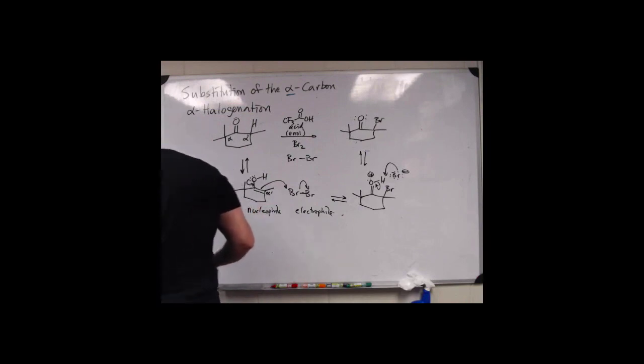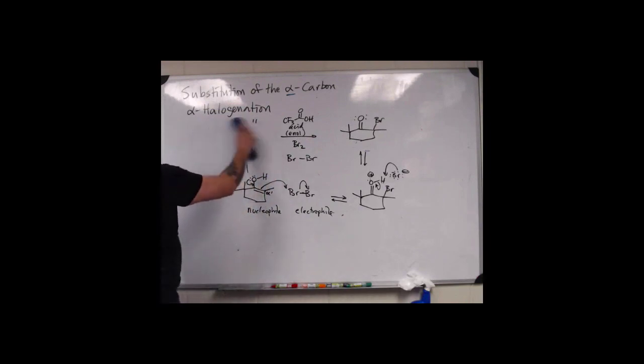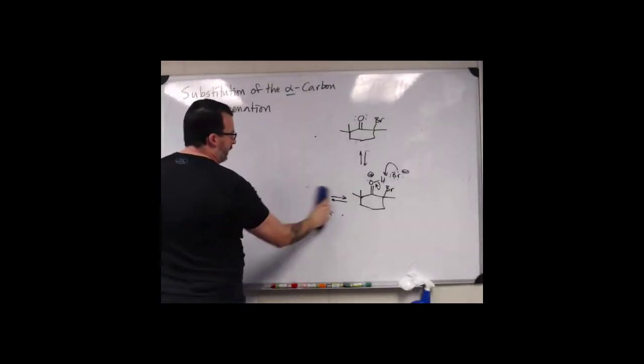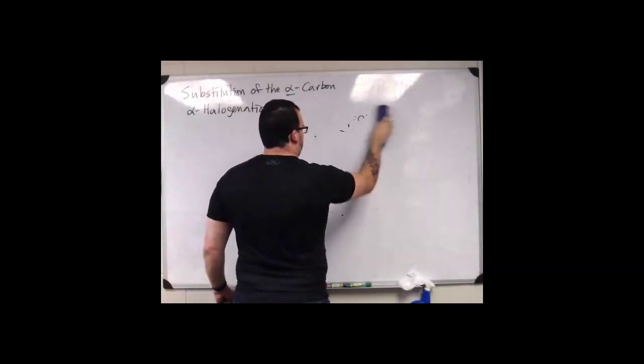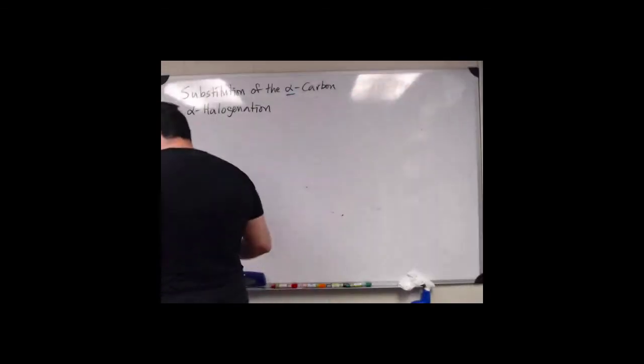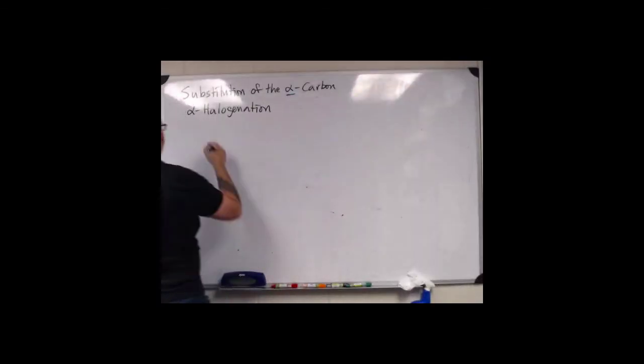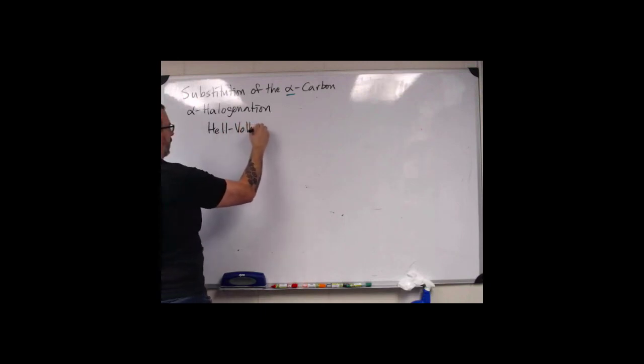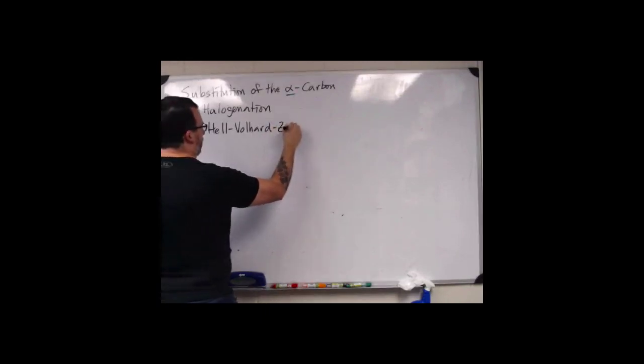So another type of alpha halogenation that you'll see, this is a named reaction. The Hell-Volhard-Zelinsky reaction.